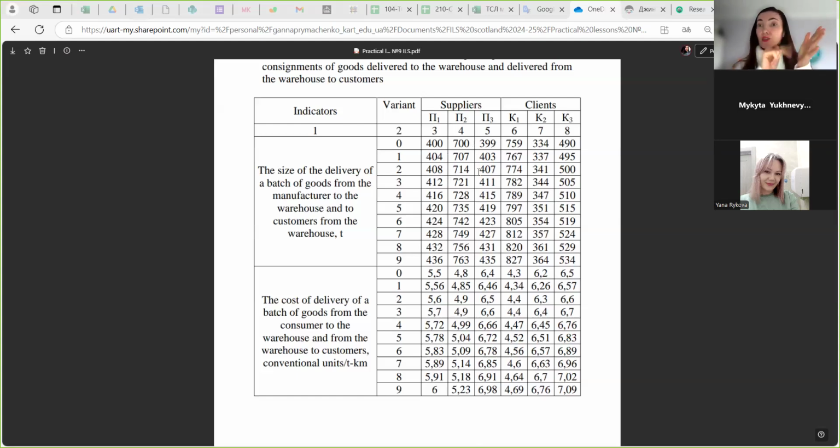And add the multiplier of our tariff for our third supplier. For zero variance, this tariff was 6.4. For first, 6.46. For second, 6.5. Find the information about tariff for supplier number 3.